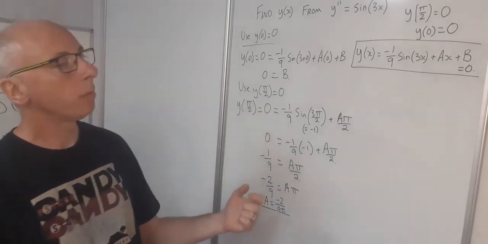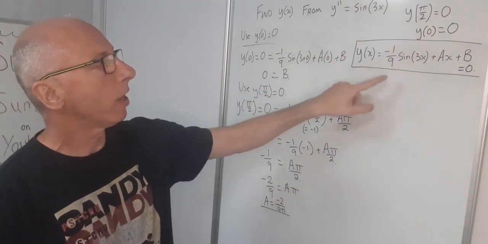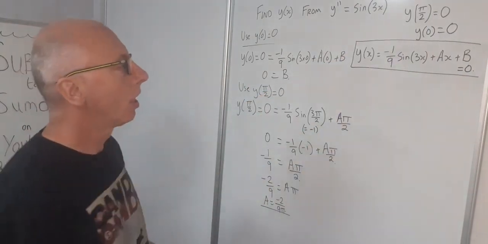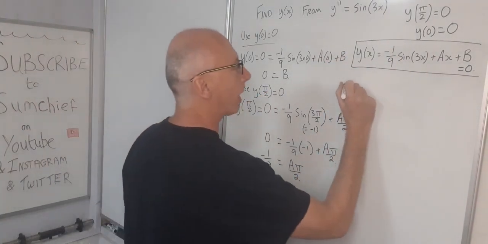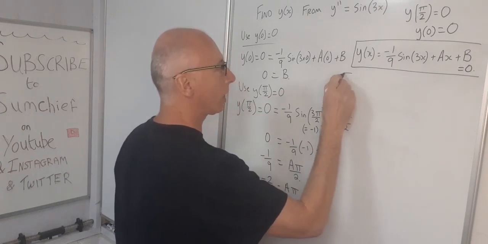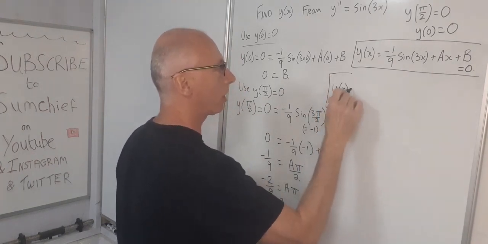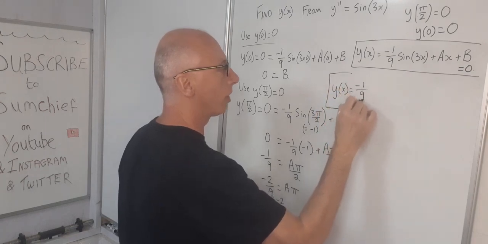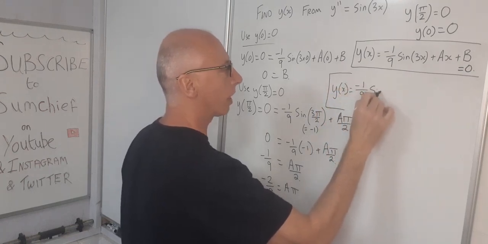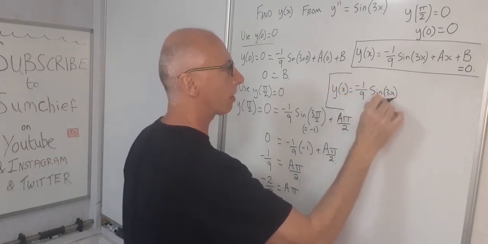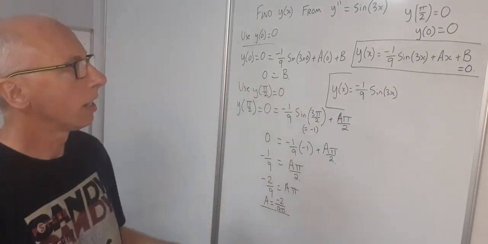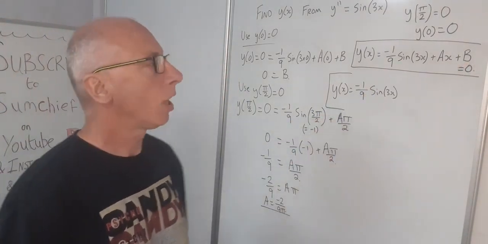Okay, so now with these boundary conditions in mind, we're ready to finish our solution. So we've now got y of x equals minus 1/9 sine of 3x, so that's going to stay. But now we've got our arbitrary constants.